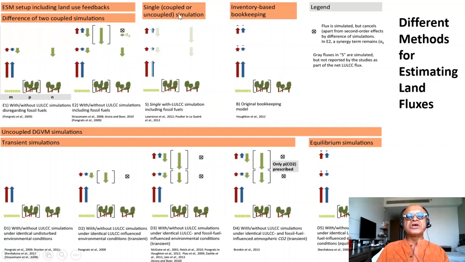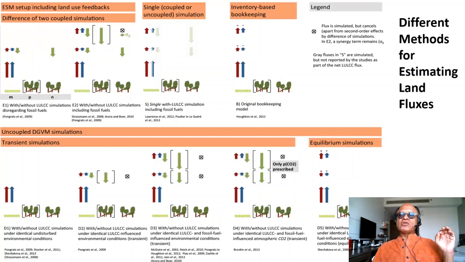You can do single, coupled, or uncoupled simulations. So you can just focus on one particular land use change, like let's say deforestation. So this is including fossil fuels. There are sensitivity studies that are done to do this, but I'm just using this as an example to tell you how the land fluxes are computed.